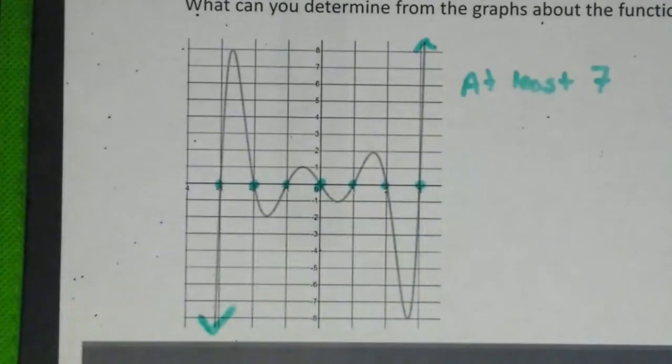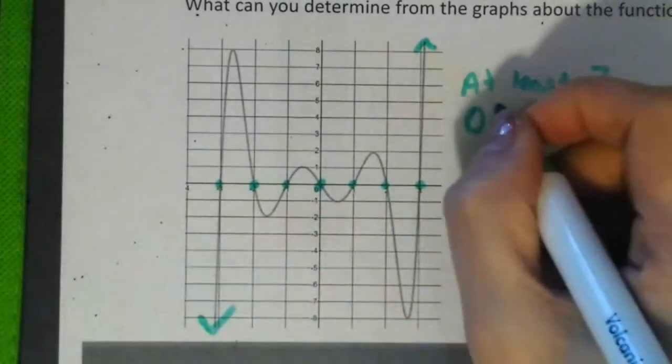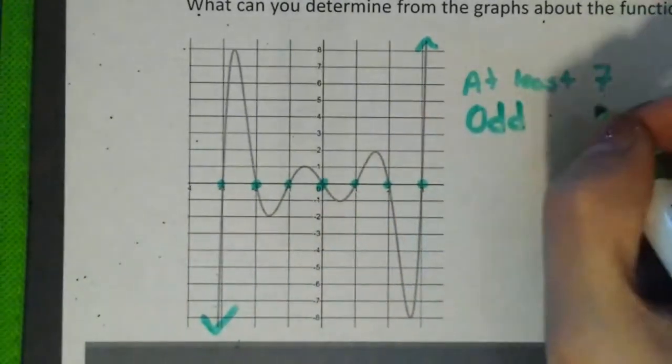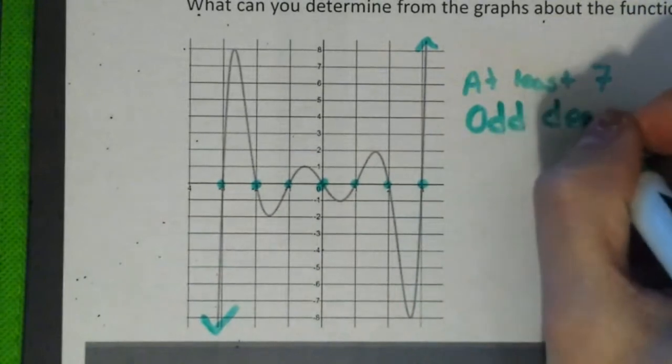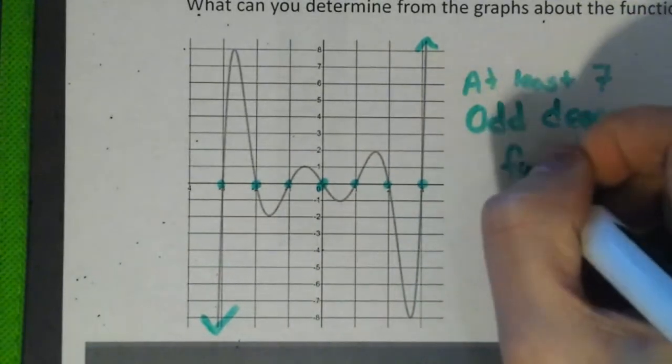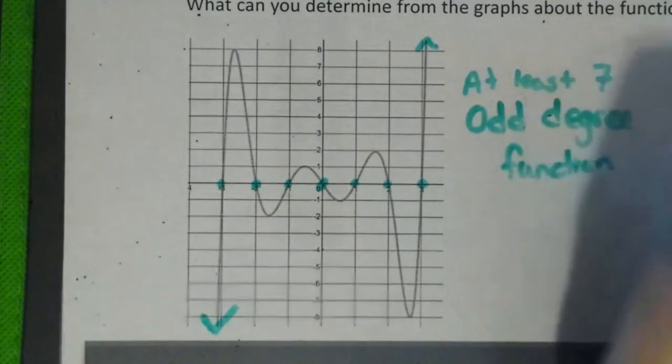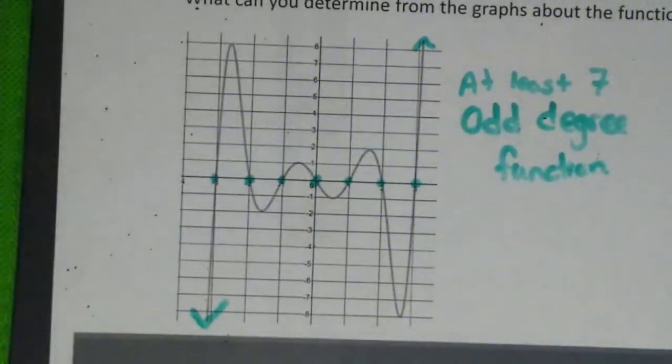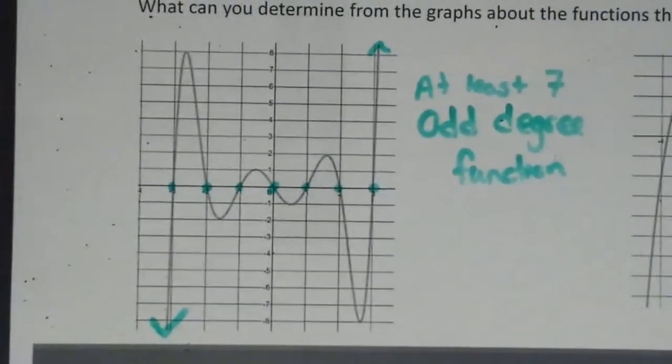They're not the same, they're different. So that means we know this is an odd degree function. So we are positive that the degree is 7 or higher, and it's also an odd degree.